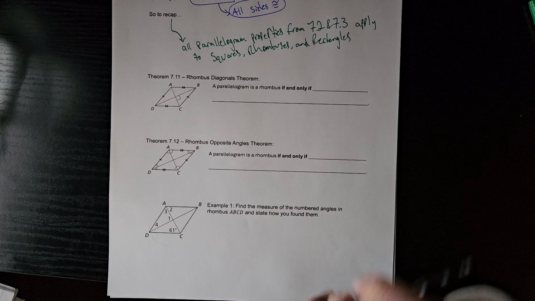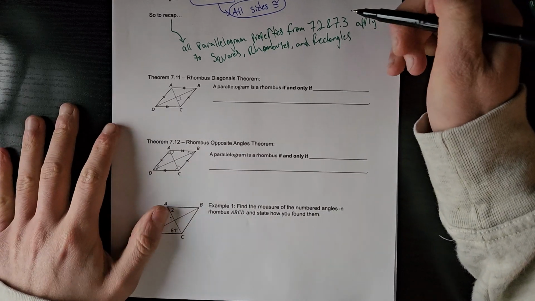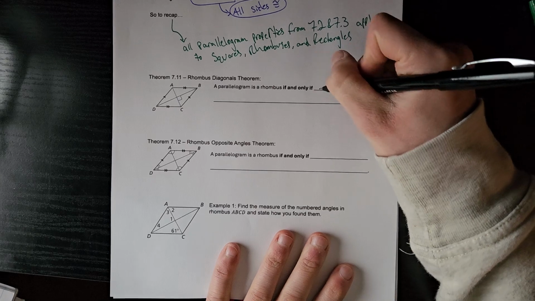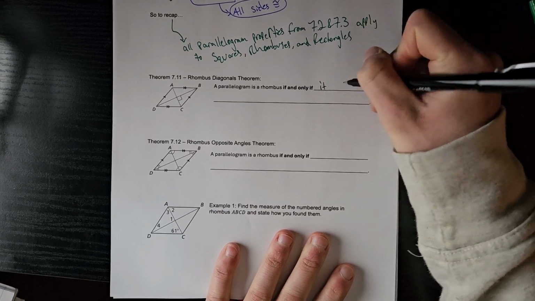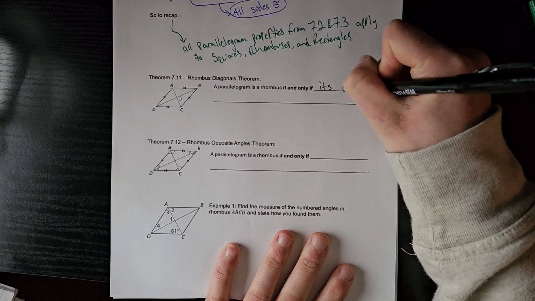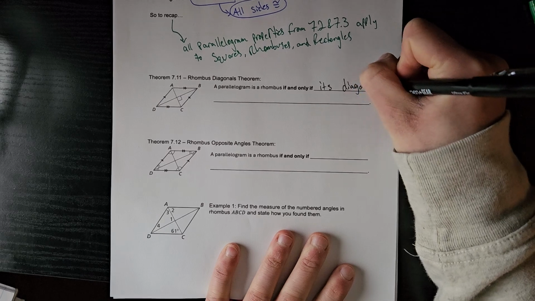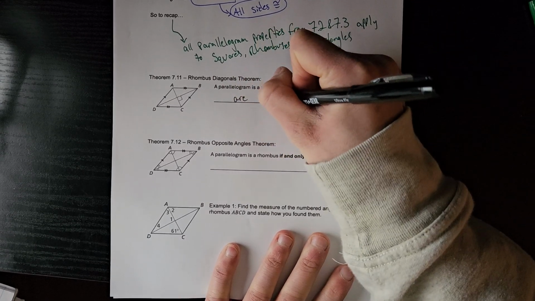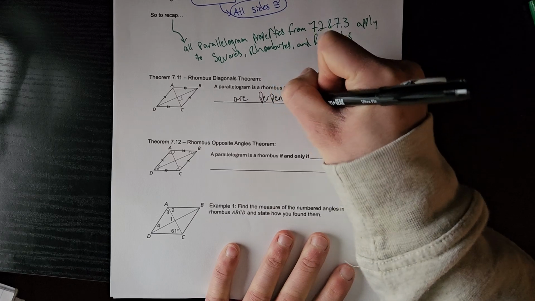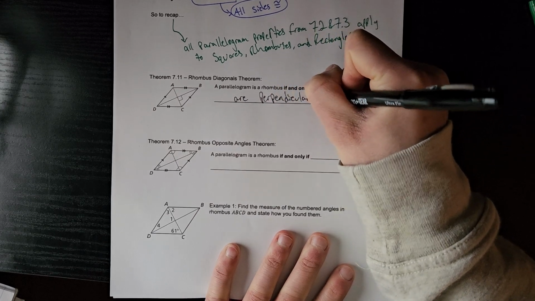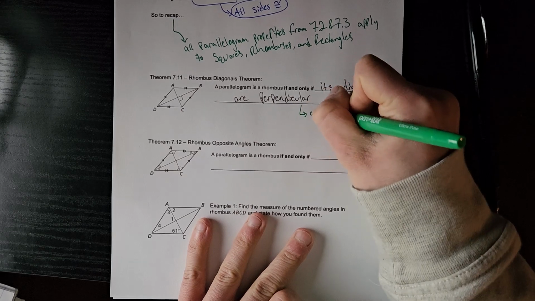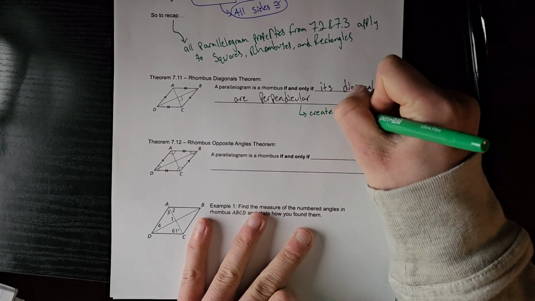So 7.11, the rhombus diagonals theorem, states that a parallelogram is a rhombus if and only if its diagonals are perpendicular. Remember that perpendicular means creating a 90-degree angle.